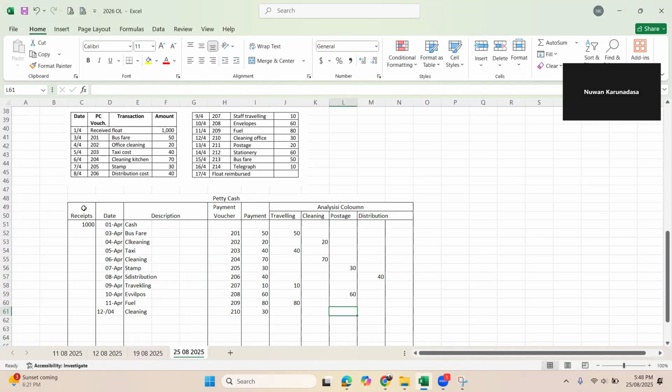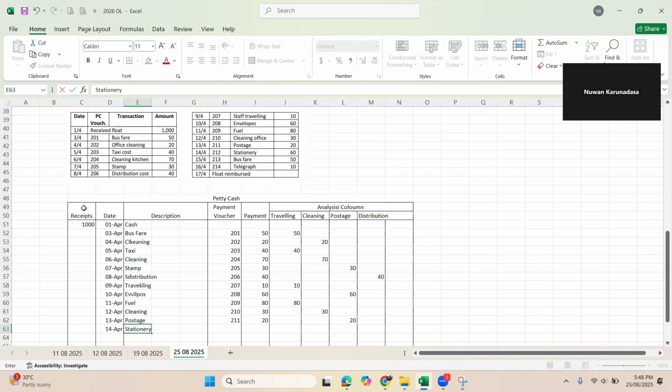Under cleaning, 30 rupees. 12th April done. Then 13th April, we have made a payment for postage, 211. The value is 20. Postage, it's 20 here. 13th done.